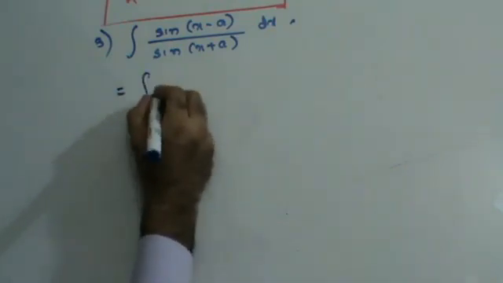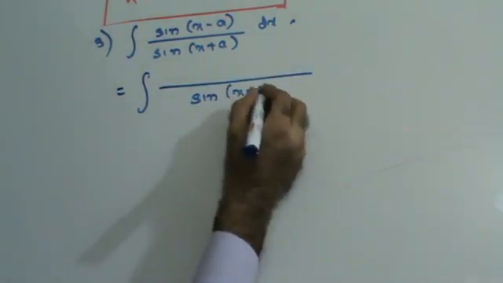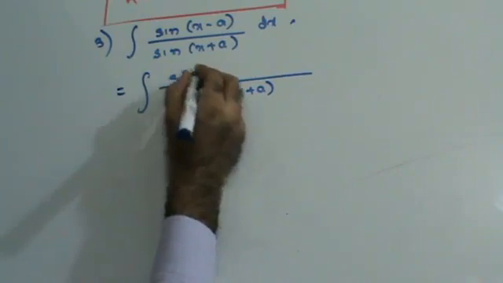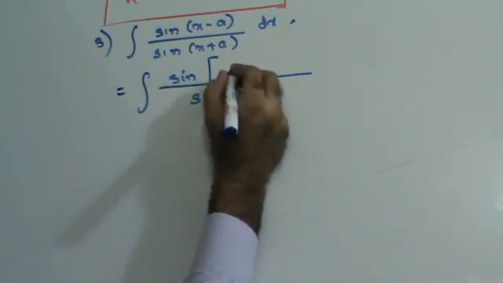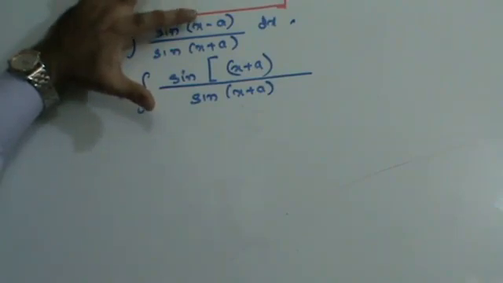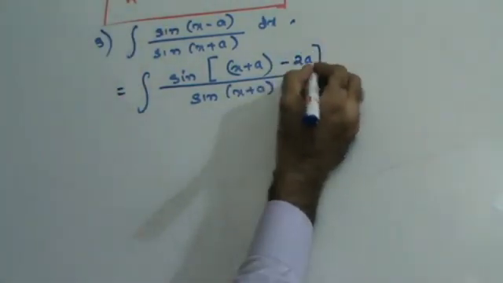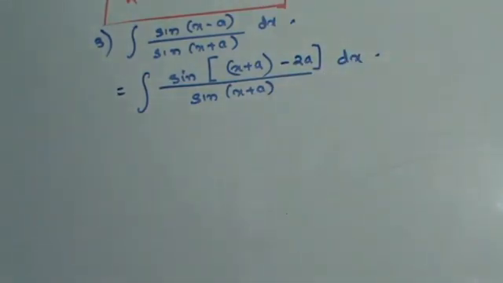So this will be integral of, first let's write the denominator as it is, sin x plus a, leave the function as it is, introduce the polynomial x plus a. I have introduced the denominator in the numerator, but I need x minus a and I have x plus a, so this can be written as x plus a minus 2a dx.